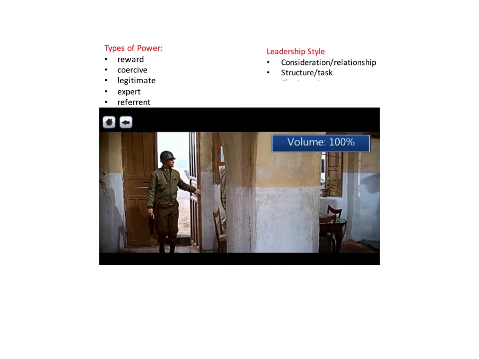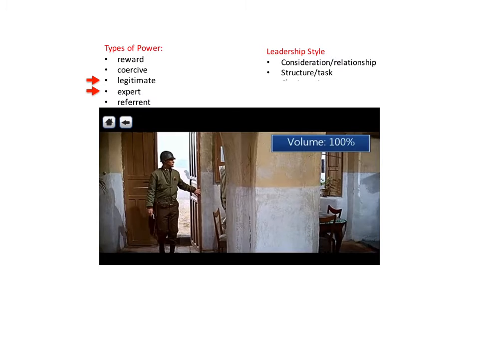What types of power does General Patton have? Well, he's got legitimate power by rank. He's a general. He can command individuals below his rank to follow his command. He also has expert power. You don't get to be a general unless you are an expert soldier and military technician.